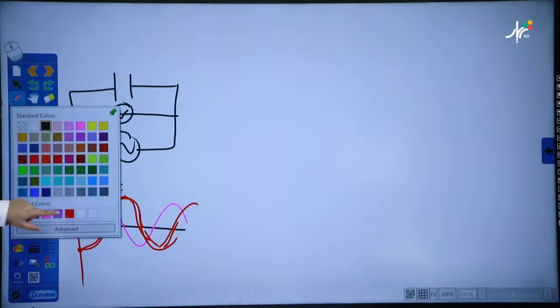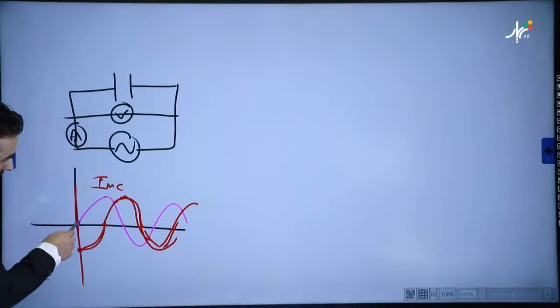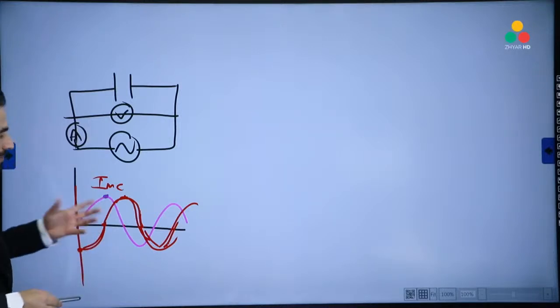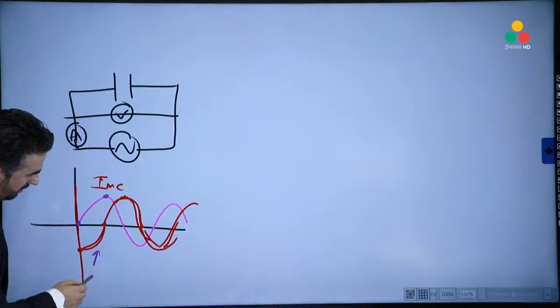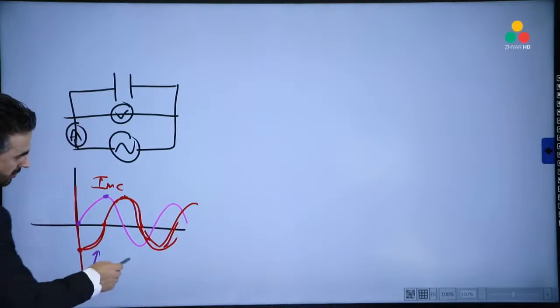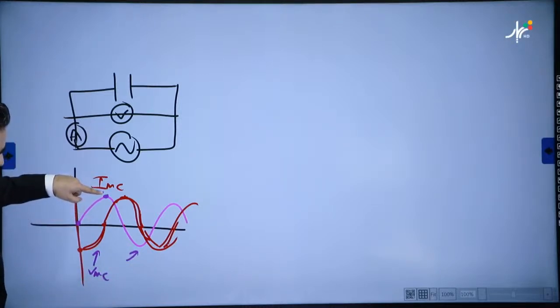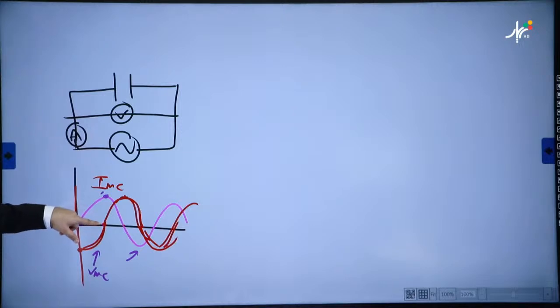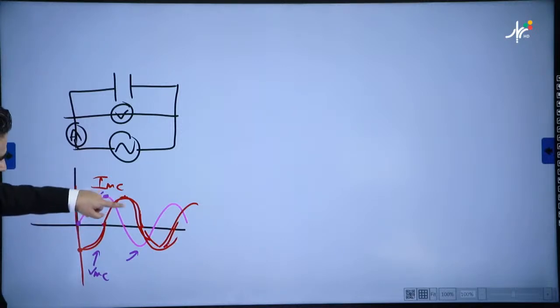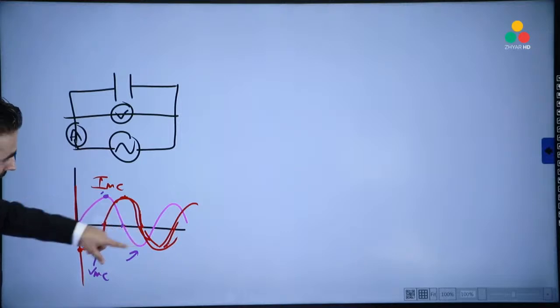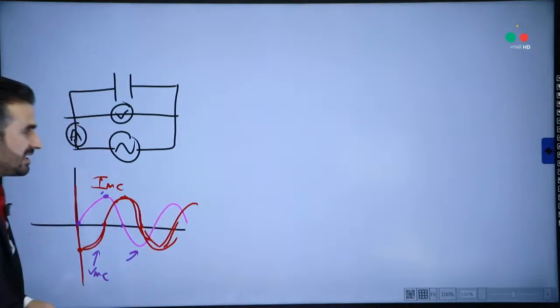At this point the current is 0, but the voltage is lagging by 90 degrees. At this point the current is maximum. By the way, this is V maximum across the capacitor. So when the current is maximum, the voltage is 0. When the voltage is maximum, the current is 0. Again, maximum, 0 voltage, maximum current, and it continues like this.